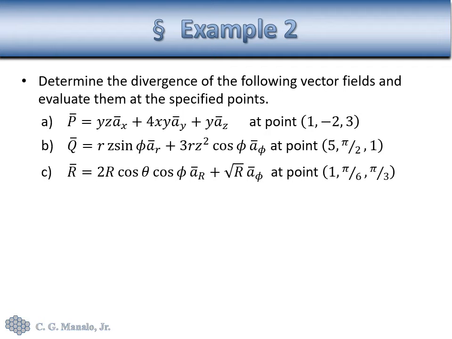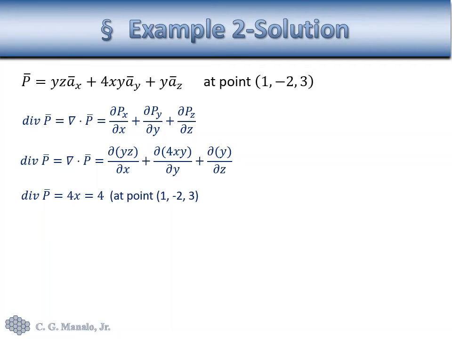Let us have some examples to illustrate divergence. Here we have vector fields in different coordinate systems, and we're being asked for their divergence at specified points. For letter A, it is expressed in the Cartesian coordinate system. This is the formula for divergence.